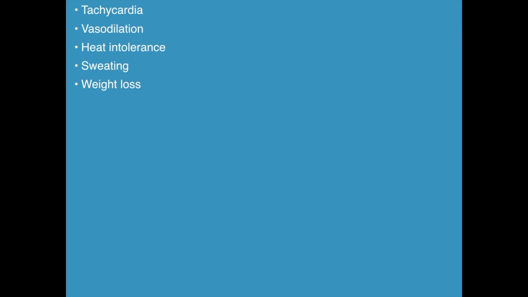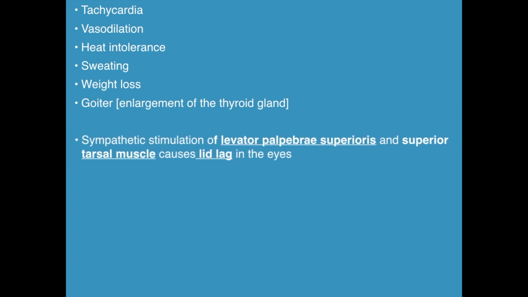Increased stimulation of the thyroid gland causes goiter, which is an enlargement of the thyroid gland. Increased sympathetic stimulation of the levator palpebrae superioris and the superior tarsal muscles in the eyes causes lid lag. This means that the patient's upper eyelids will be higher than normal when they're looking downwards.